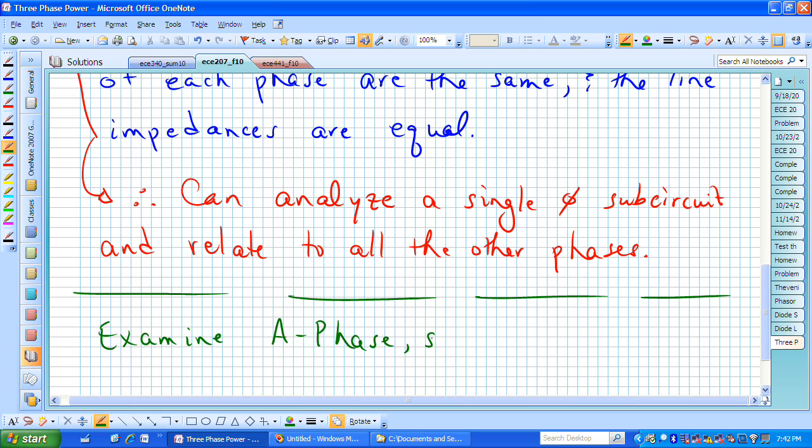That's since this source voltage V sub AN is a phasor, has a magnitude in RMS and an angle of 0 degrees, and that's in volts RMS. And the fact that our phase angle is 0 degrees allows the problem to be a little easier to work.